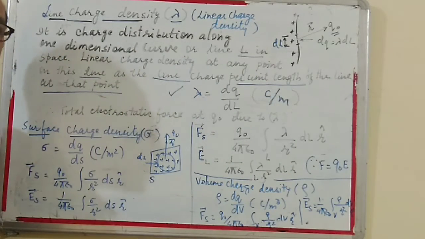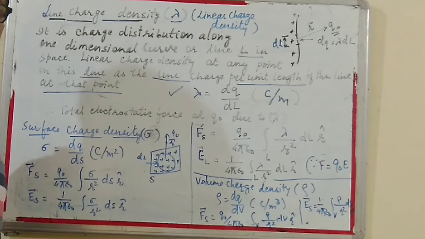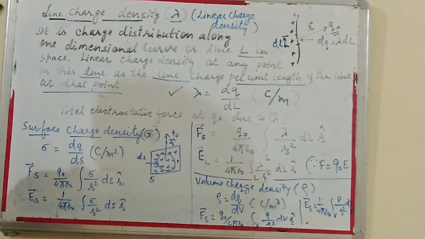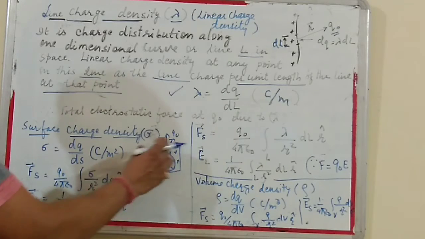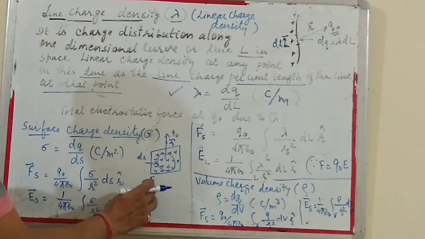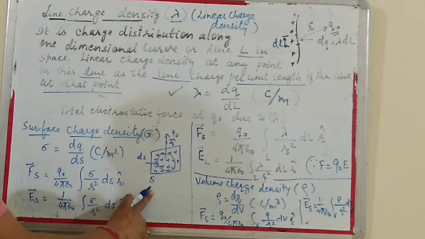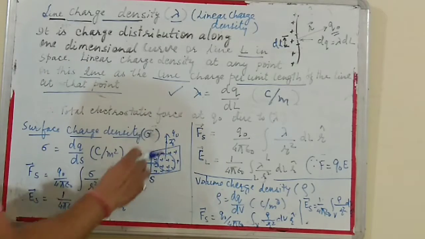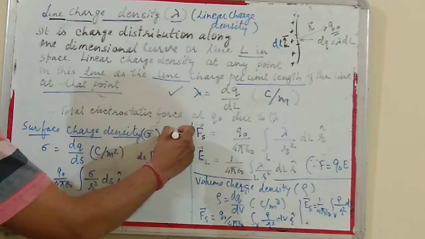If we have charge distributed on a surface in a two-dimensional plane, suppose we have a plane of surface area capital S with positive charge distributed on it.